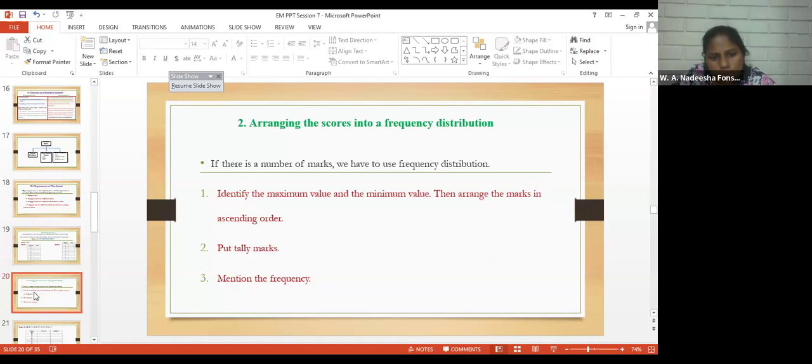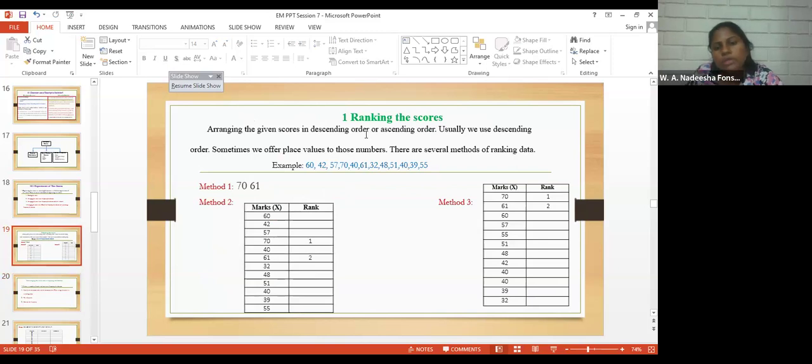The second one is arranging the scores into a frequency distribution. Here we use the ranking method. Tell me, can we rank the numbers like this if there are 50, 60 numbers?